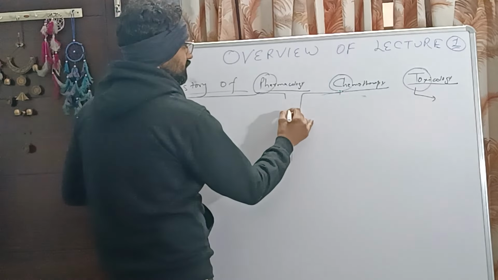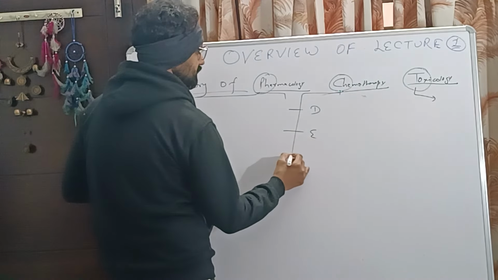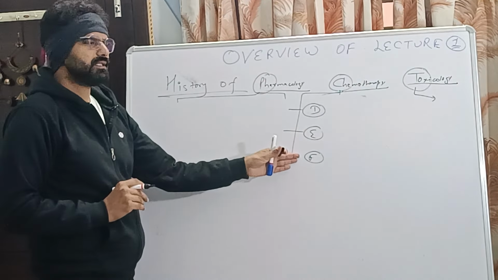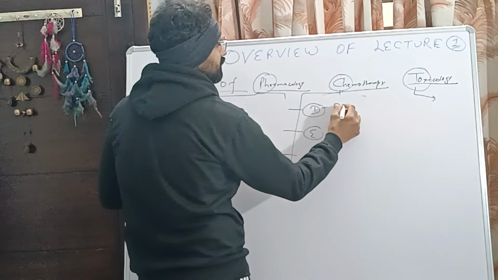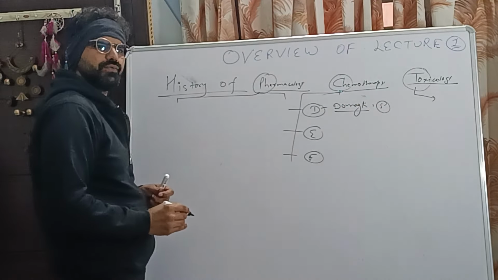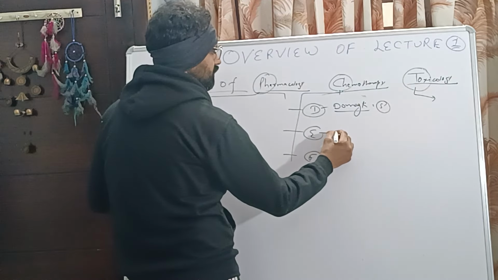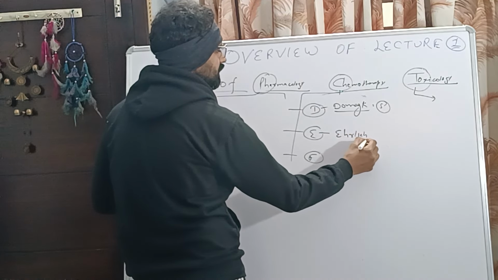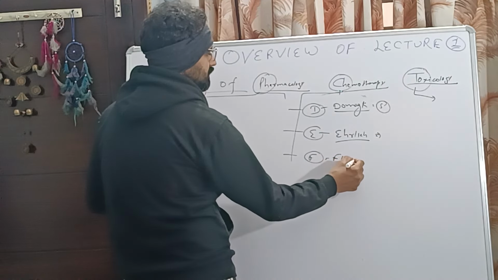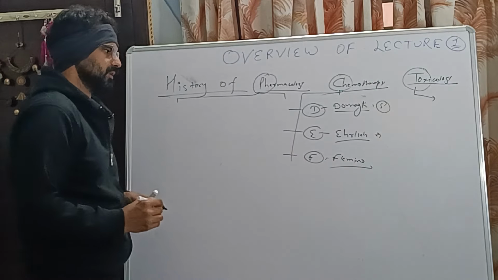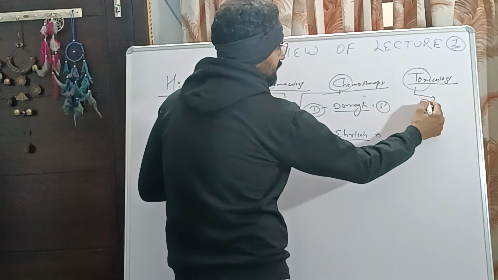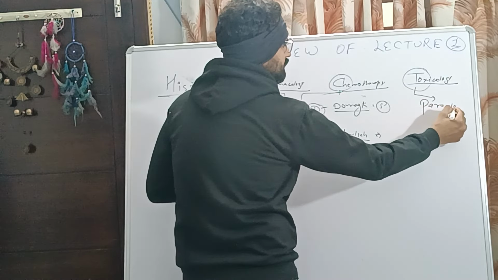In chemotherapy, there is the contribution of these 3 scientists: D is Domagk, which is related with the history of the first sulfonamide, E for Ehrlich, the father of chemotherapy, and F is Fleming, discovery of the penicillin group of antibiotics. In toxicology, only one, that is Paracelsus.